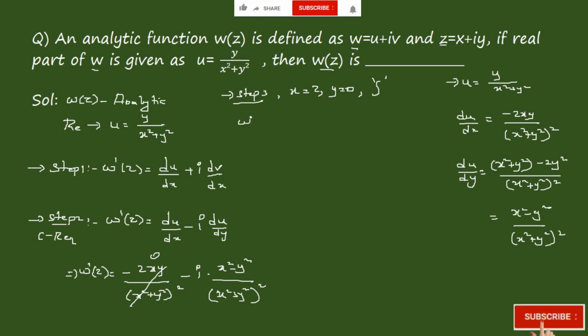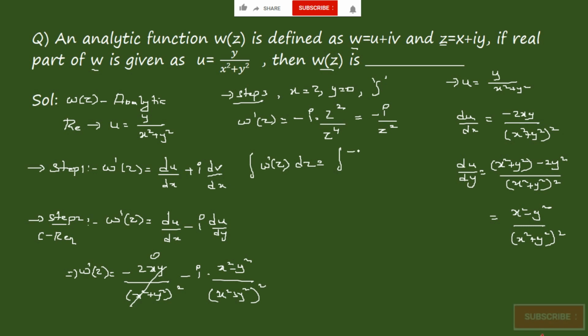So you get w dash of z is equal to minus i into z square by z power 4, right? So which is equal to minus i by z square, right? Now we'll be doing the integration. Integration of w dash of z dz is equal to integration of minus i by z square dz.